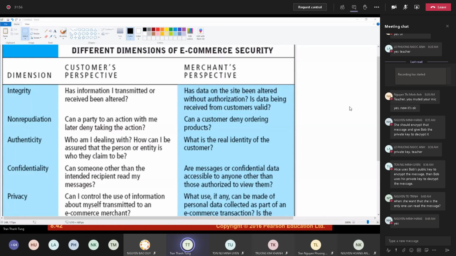For integrity, we want to say that when I send a message, no one can change it in the middle. People cannot alter the message and replace it with another one. So now the question for you: how can we have this kind of thing? How can I make sure that the message I send from my computer to my boss, asking him to do something, is not altered on the way I transmit it from one place to another?